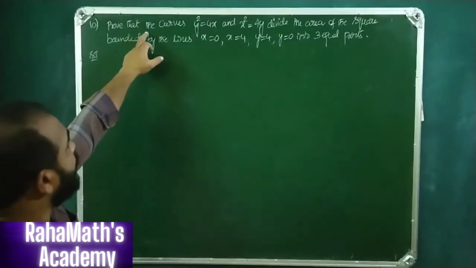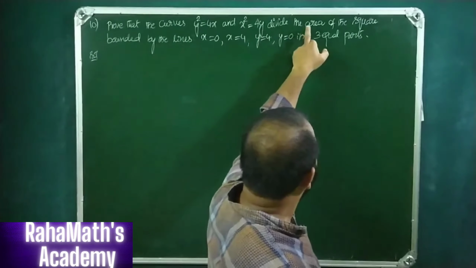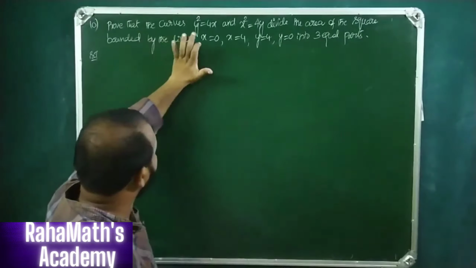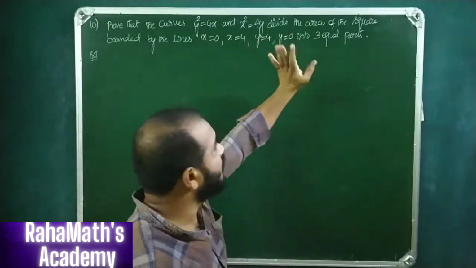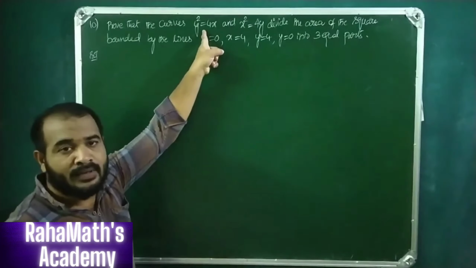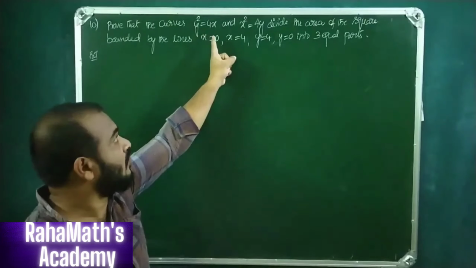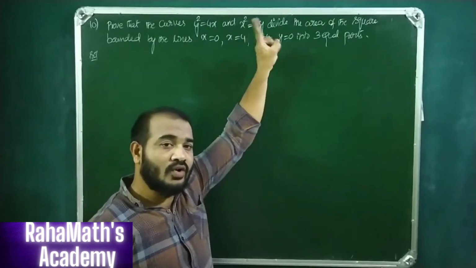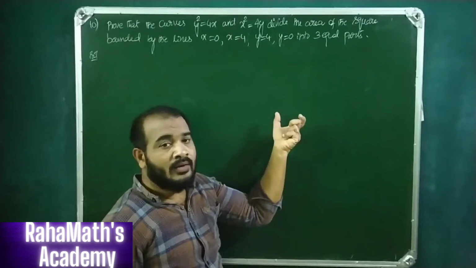Prove that the curves y square equals to 4x, x square equals to 4y, divide the area of the square bounded by the lines x equals to 0, x equals to 4, y equals to 4, y equals to 0 into 3 equal parts. That means y square equals to 4x is the parabola, which is the standard form of the parabola whose vertex is at the origin. It is also standard form of the parabola whose vertex is at the origin, and x power even, symmetric about y axis, that is positive axis.